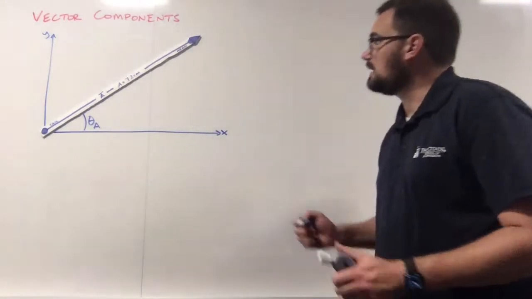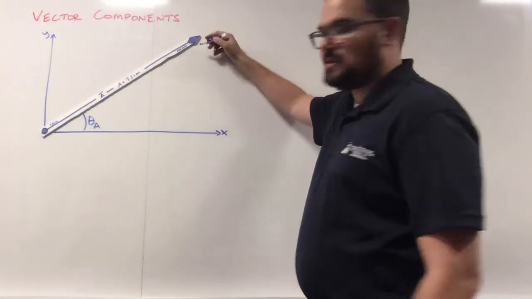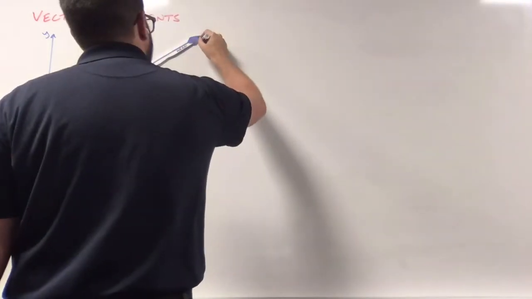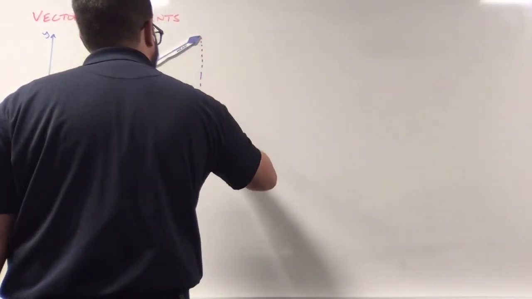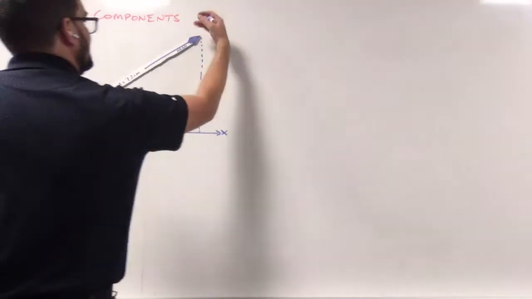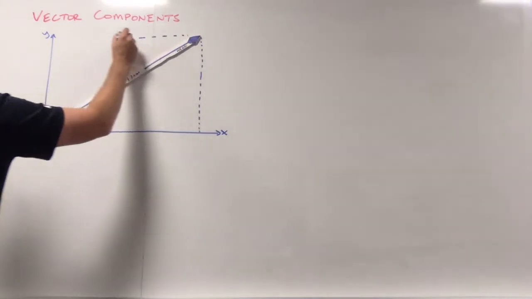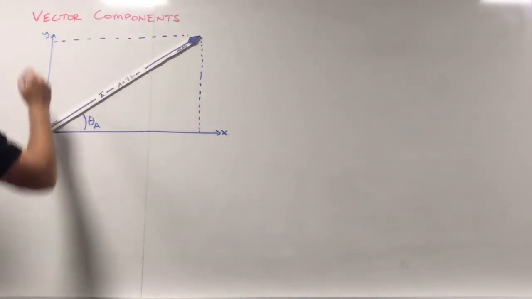Let's look at what that would look like up here. If I put my light source up here and it casts a shadow down, I would be able to project a line down to there. And likewise, I could put a light source here and project back onto the y-axis.